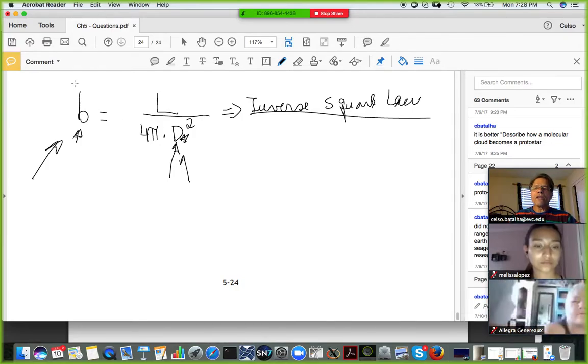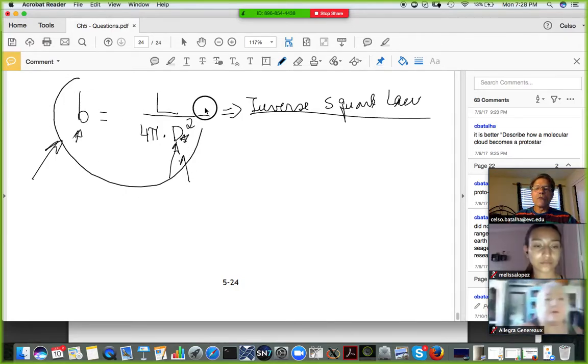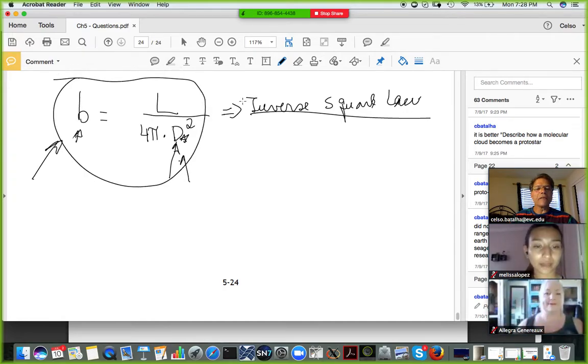Why is this law so robust, so magnificent for us astronomers? Look at this. Brightness, the amount of energy you receive here on Earth, is something very simple to measure. You can measure it with telescopes.